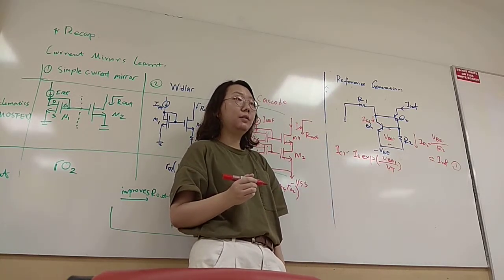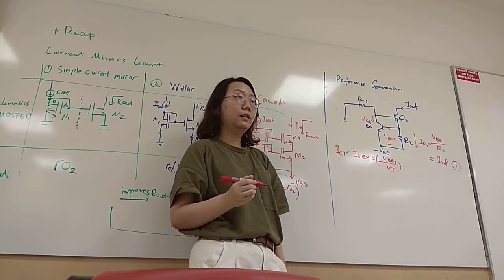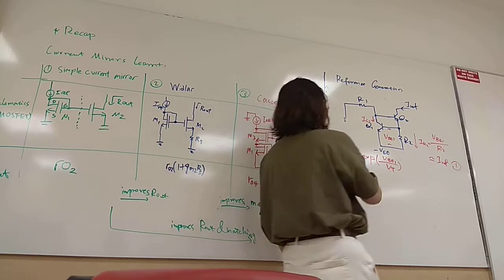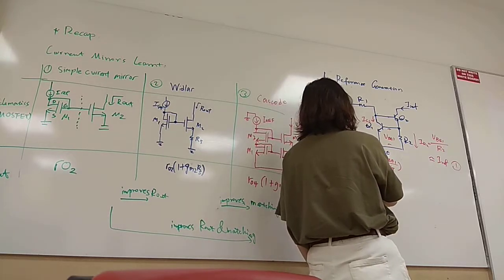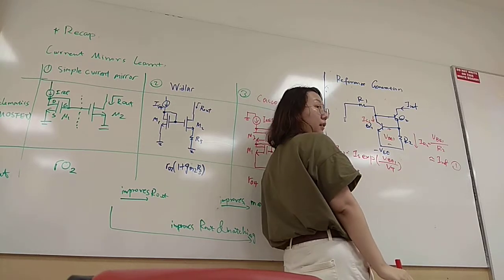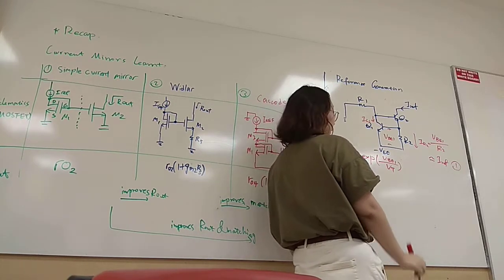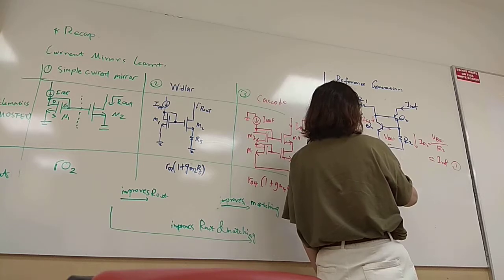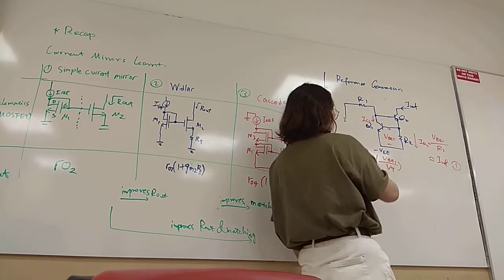And how to continue? You make VBE the subject. I made VBE the subject: VBE1 equals log of IC1 over IS, times VT.